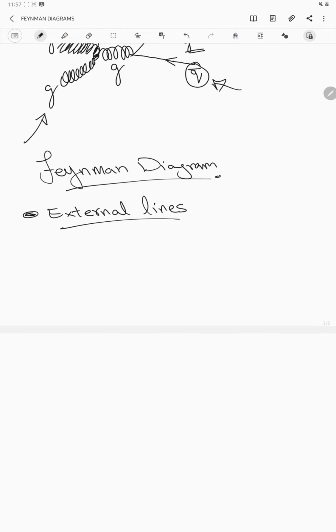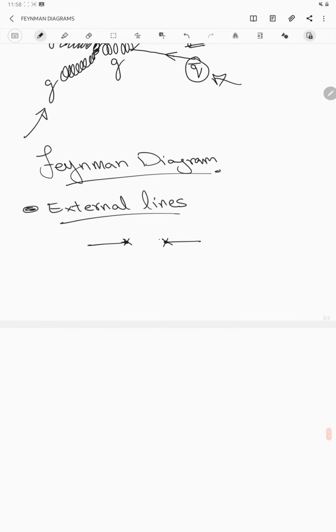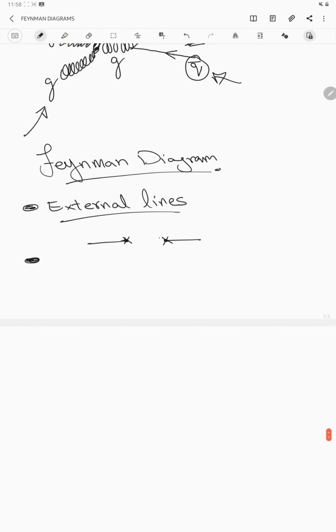We have external lines, and these lines are those which come into the vertex and leave the vertex, something like this, where this thing is your vertex. This leads us to the second item in the Feynman diagram, which is vertices.